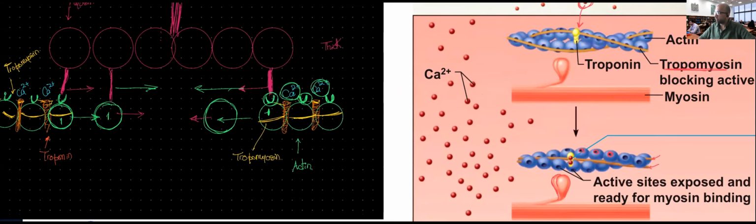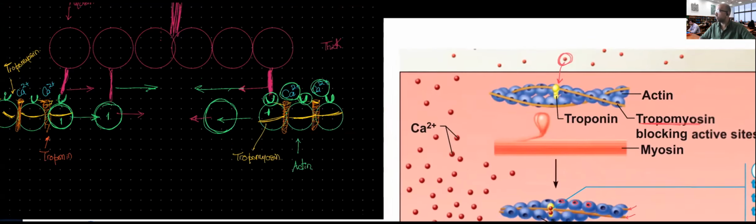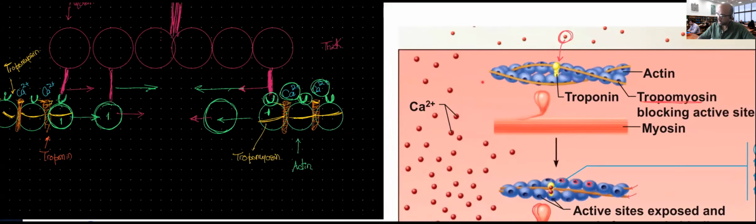And as I change the shape of the troponin, I will be pulling the tropomyosin away from the binding sites on the actin subunits. So you see on here, this is in a relaxed state. The tropomyosin is covering the binding sites on the actin subunits, but when I get the calcium out in the cytoplasm, calcium binds to the troponin, moving away the tropomyosin, exposing the binding sites on the actin subunits.